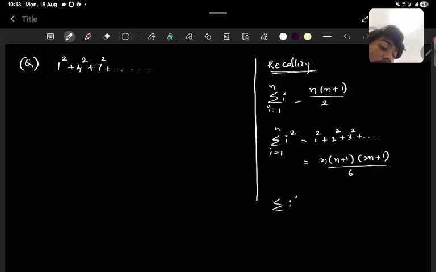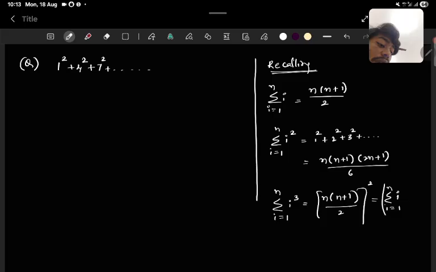And what about sum of cubes of natural numbers where i is starting from 1 to n? It will be [n(n+1)/2] whole square, which can also be written as summation i, where i is from 1 to n, whole square. Right, beta? So these are the very important formulae we are going to use.